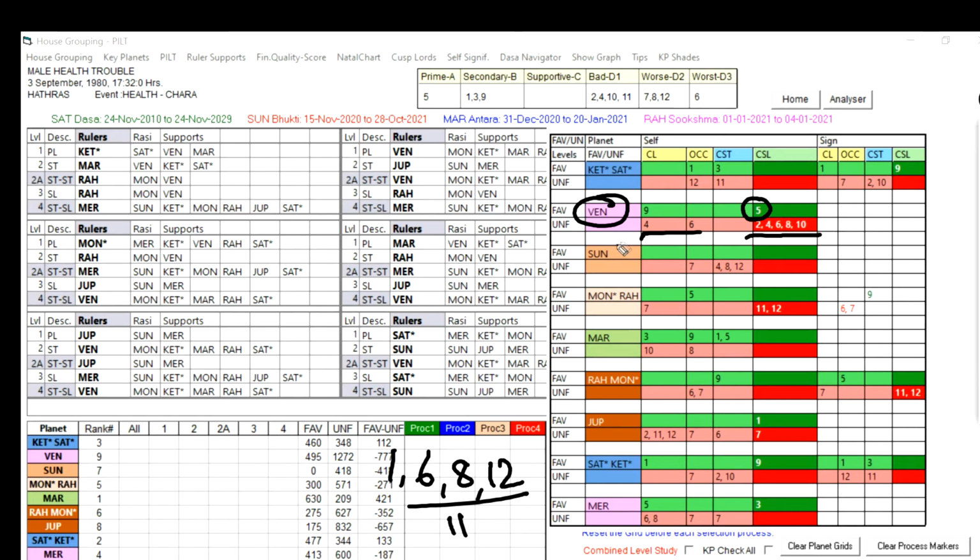As far as the Sun is concerned, there is no favorable house grouping, but you can see 4, 8, 12. The 4, 8, 12 combination is of important houses which can give a stoppage of the work, or give that unfavorable signification for the internal organ functions. Then the Moon is occupying the 5th house, which is okay, 11 and 12 okay.